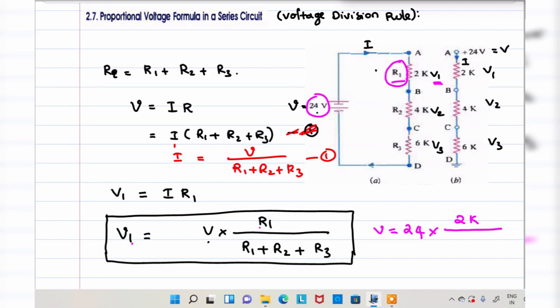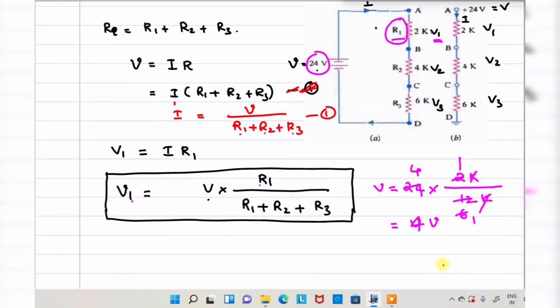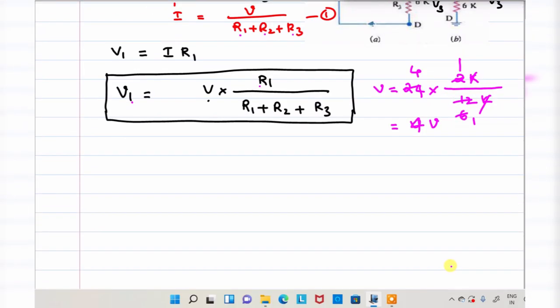So 2k divided by R1 plus R2 plus R3, the summation of all three resistors: 2 plus 4 is 6, 6 plus 6 is 12k. The k gets cancelled. Here 1 time, here 6 times, 1 time, 4 times. What is the voltage drop across the first resistor? 4 volt. Clear?